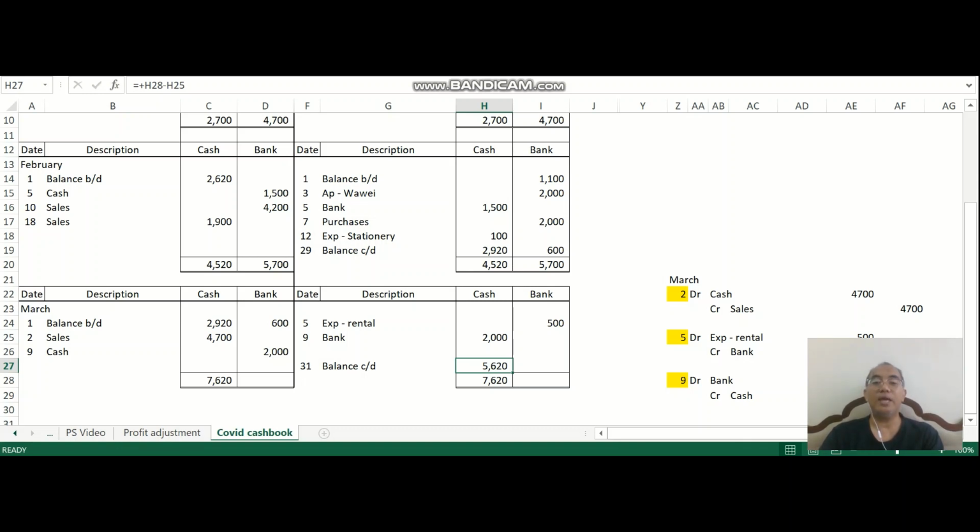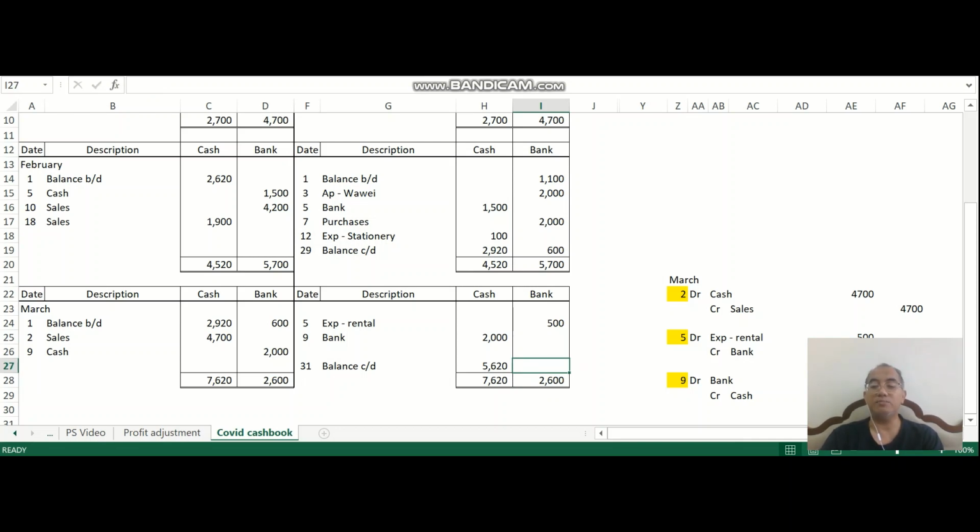What about bank? Which one is bigger? This, the debit side is bigger, 2,600. So I sum up is 2,600. Okay, and then I make it as a base at the credit side, and I need to fill in here because this 500 is not enough to get to 2,600.